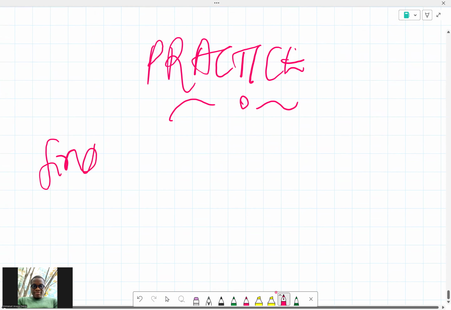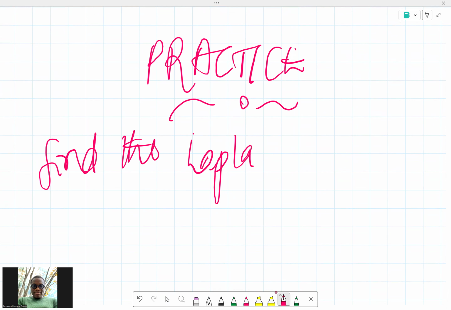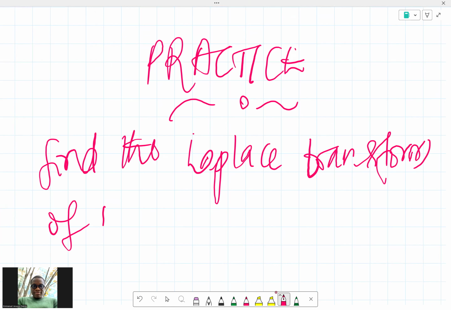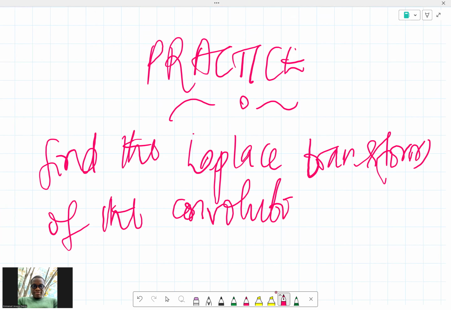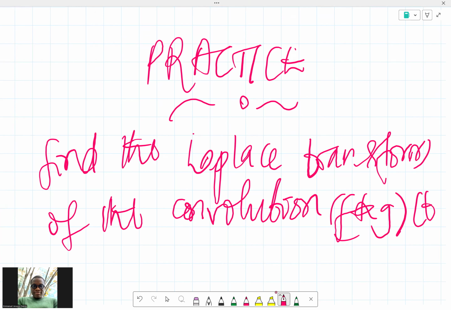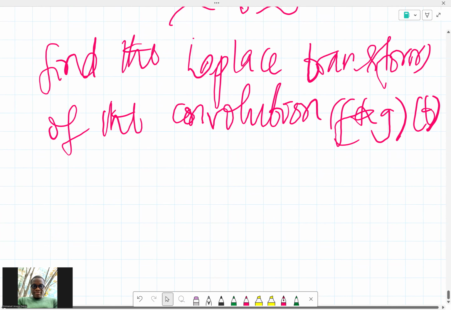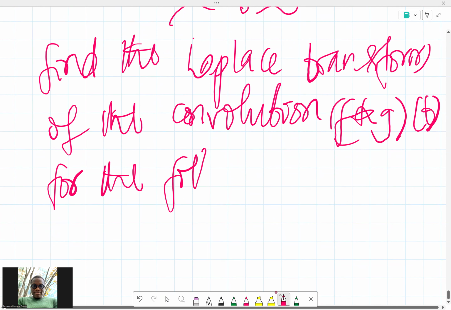Find the Laplace transform of the convolution f convoluted with g in time for the following.